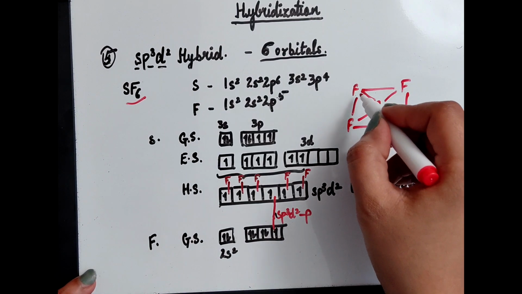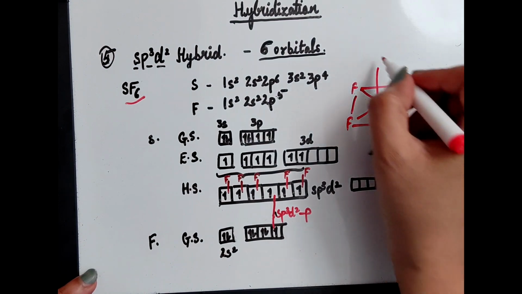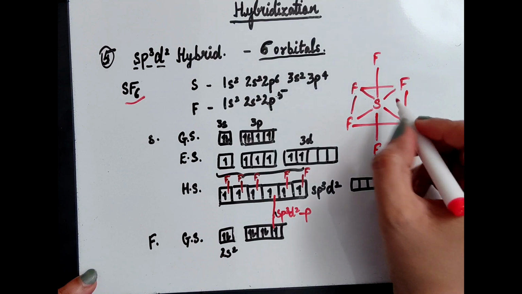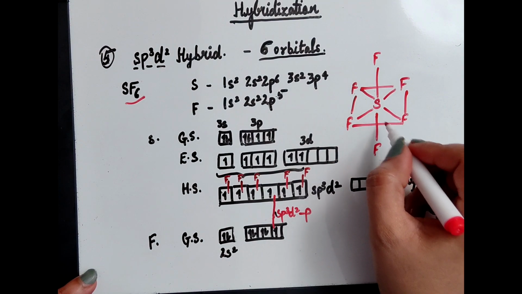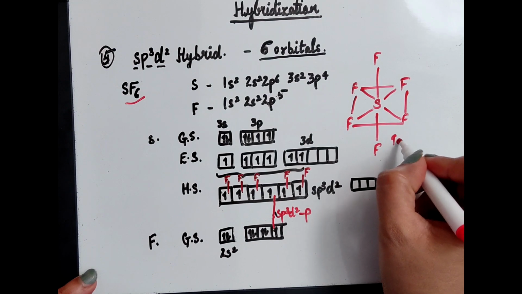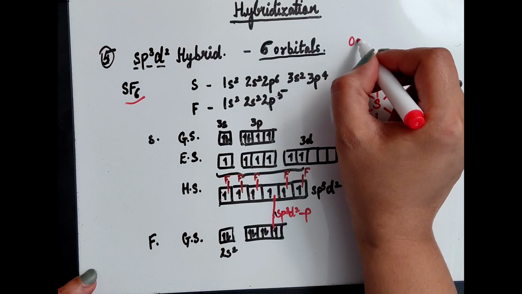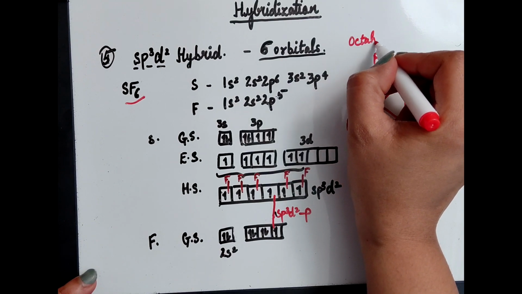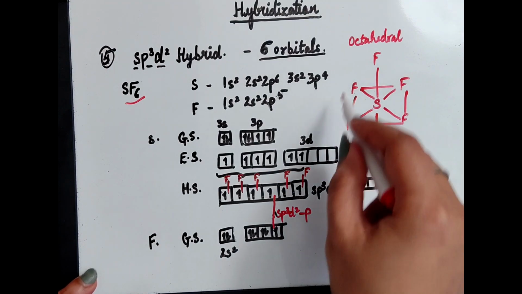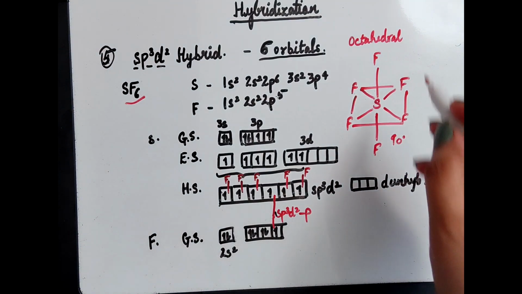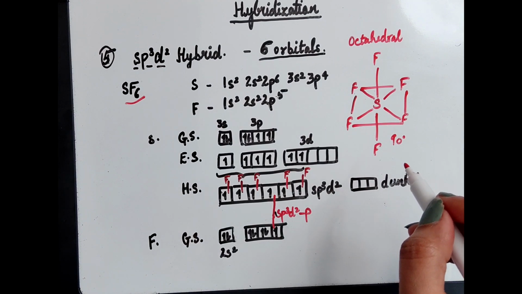These 4 fluorine will lie in the equatorial plane and 2 fluorine will lie in your axial plane, as we had discussed earlier. The angle between each of the bonds will be 90 degrees, and this entire geometry is known as octahedral shape. It has 4 in the equatorial plane and 2 in the axial plane. Bond angles are 90 degrees.